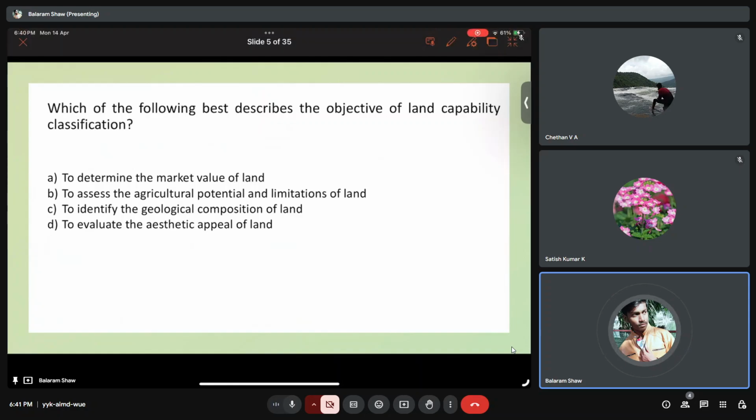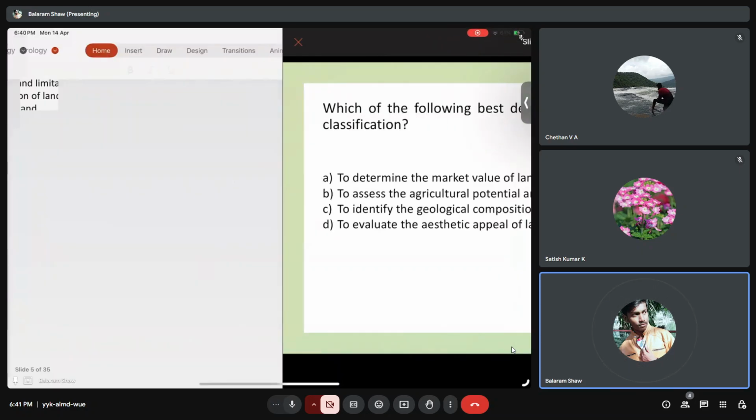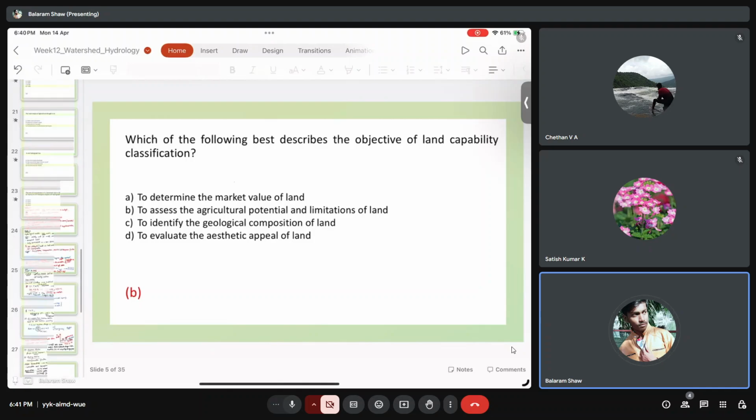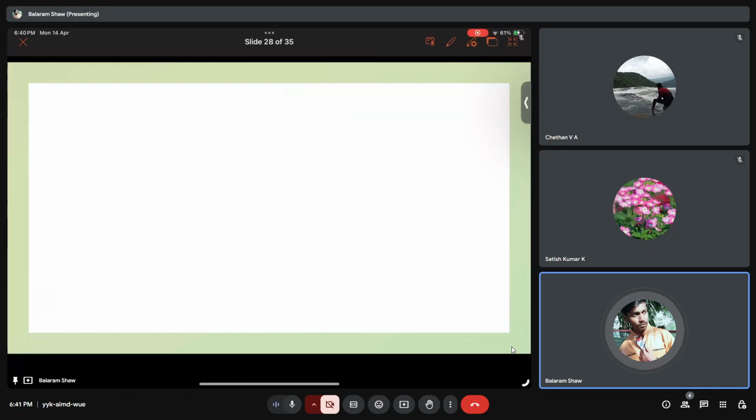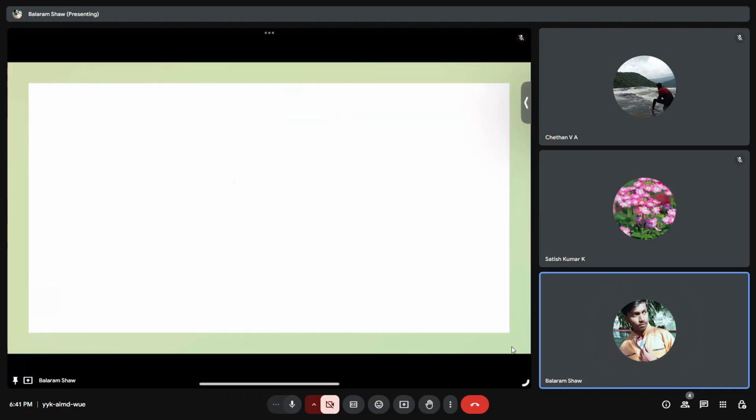Before moving on to the next question, we will just go through some things again. After this, we have seen about land capability classification, right? So what do you mean by land capability? Anyone?